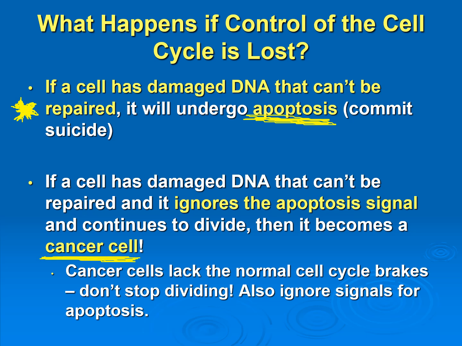So these cancer cells just ignore all the checkpoint signals, they ignore the red lights, and they just keep on going around and around the cell cycle. They don't stop dividing. They just keep making more and more cells, and those cells keep building up, and then you've got this big tumor. And they also ignore those signals for apoptosis. They don't commit suicide either.